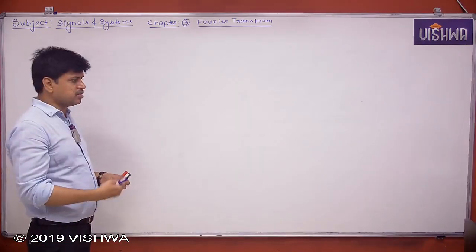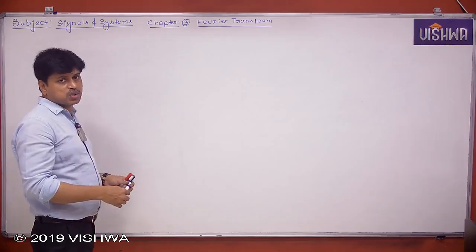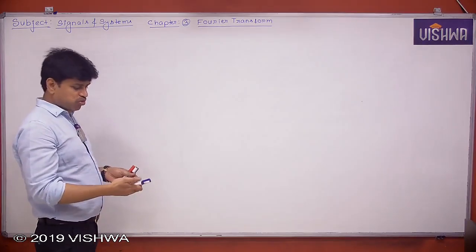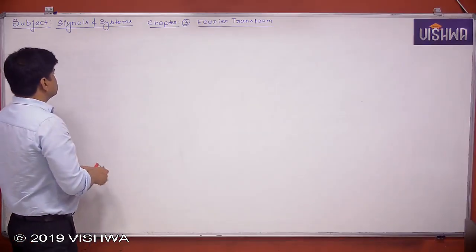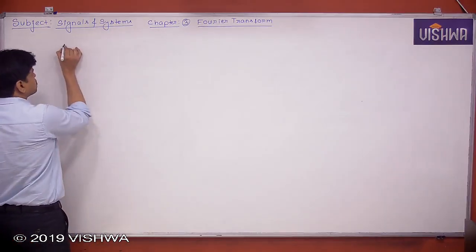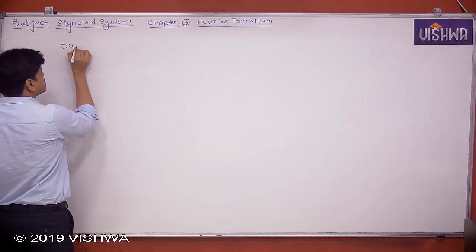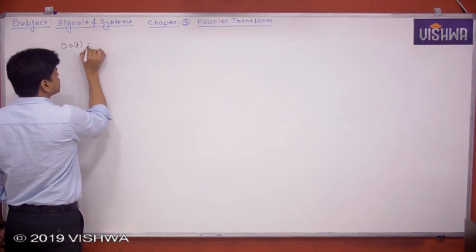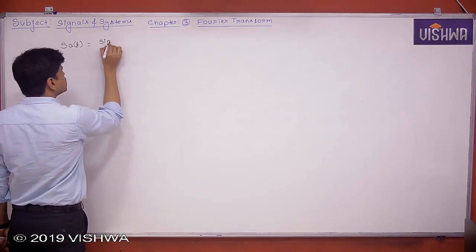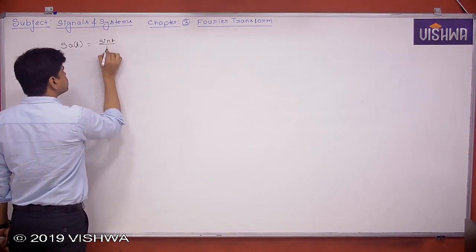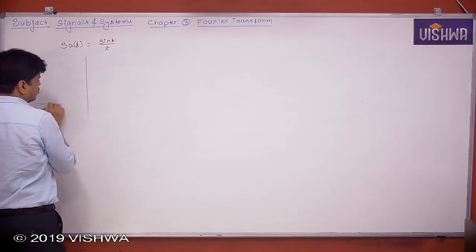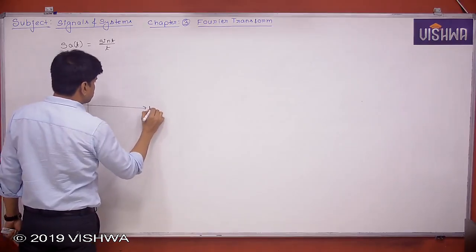Sampling function. We already did that, but I am doing it here again so that it becomes more familiar. Let's say sampling t. The sampling t function is sin t by t. How can we draw this function graphically with respect to t?